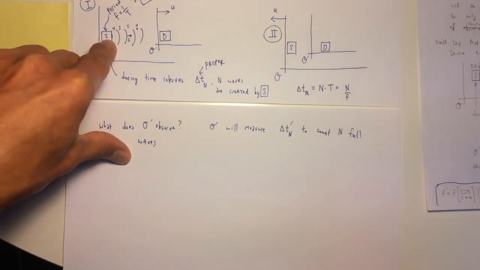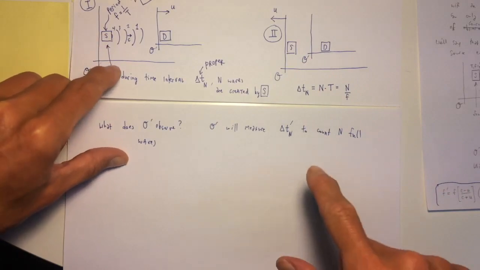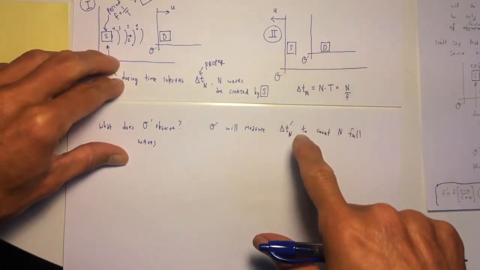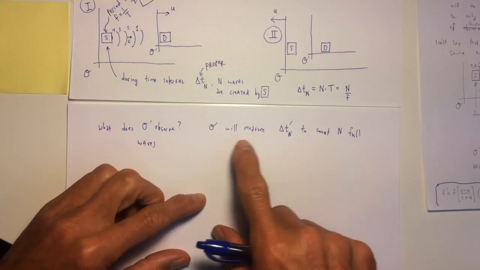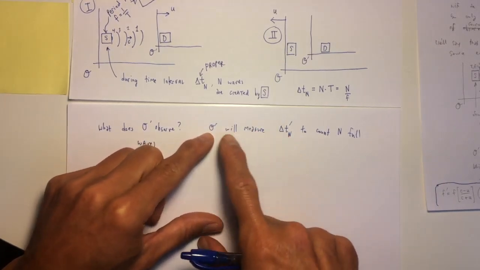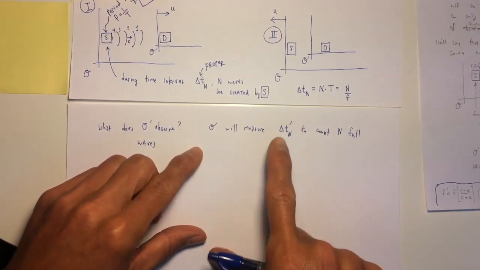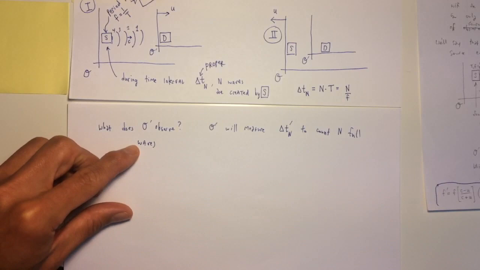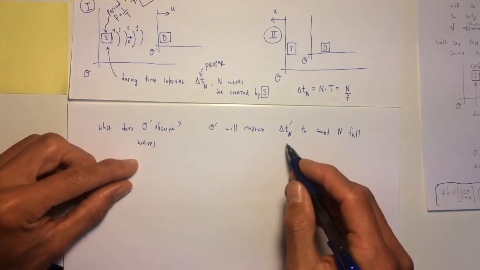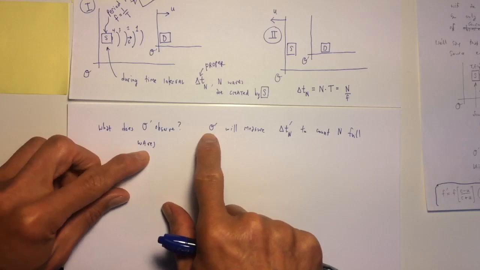That's kind of a strange thing to say. That's why this is not a proper time measurement. But O prime is going to use multiple clocks, that is, clocks in different locations inside of O prime, to measure out this delta t sub n prime to count n full waves. And we can make a judgment call on how much time this is according to O prime.